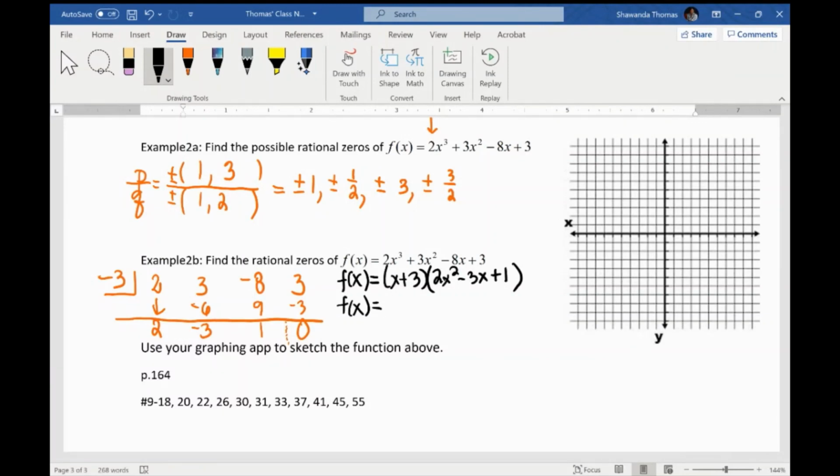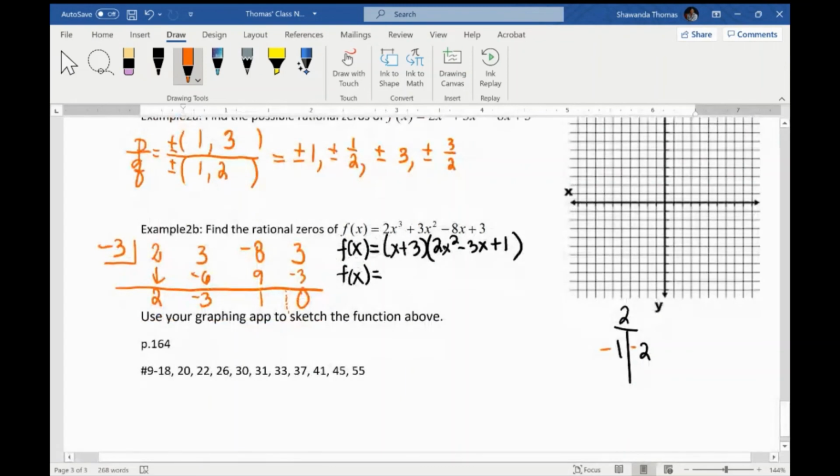All right. AC method, which means that we'll multiply 2 times 1, which gives us 2. Are there factors that will give us -3? Negative 1 plus a negative 2. All right. So let's write it out.